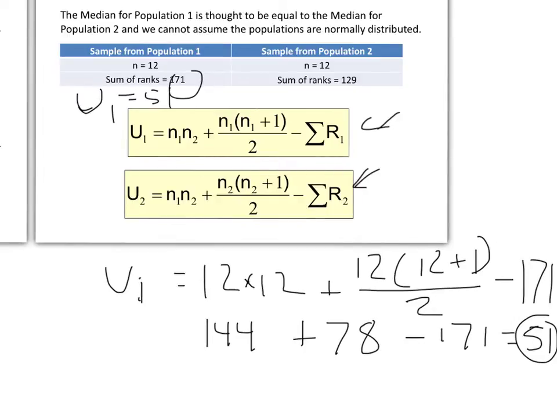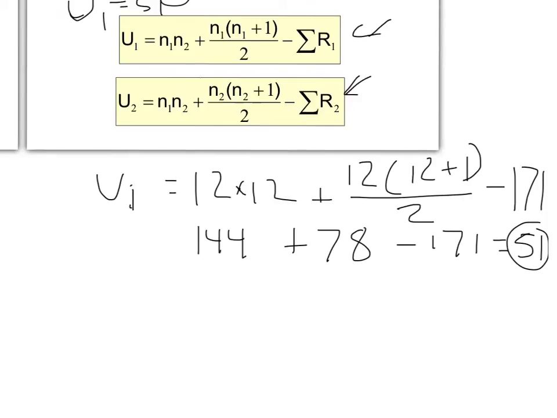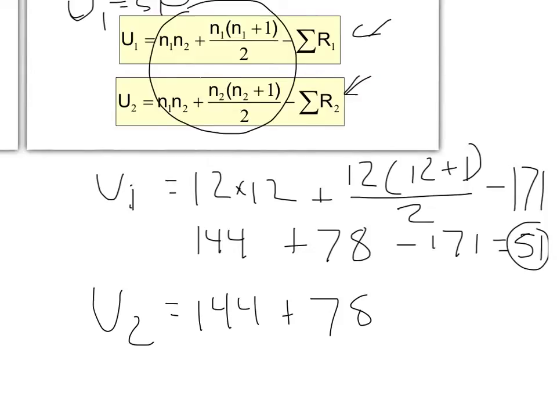And now let's move down a little bit here and come up with the same for U2, and that's actually going to be the same, right? We would have 12 times 12, because our sample sizes are equal, so that would be 144 plus 78 again, because these parts are the same since our sample sizes are equal in both populations.